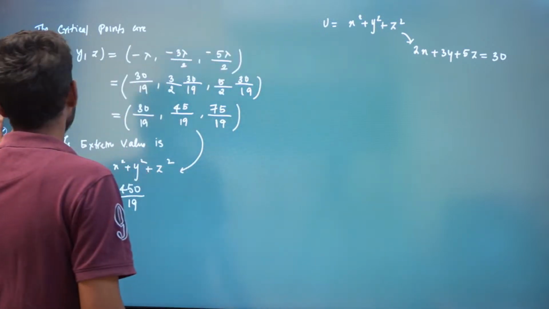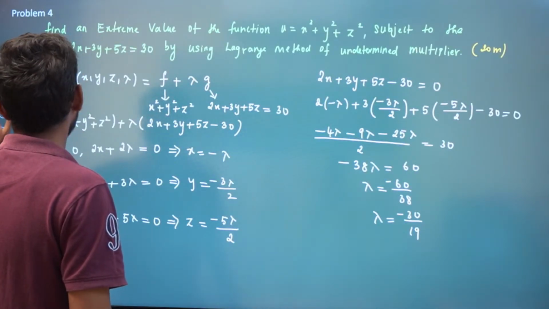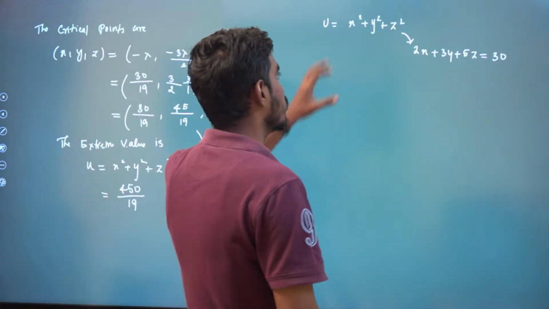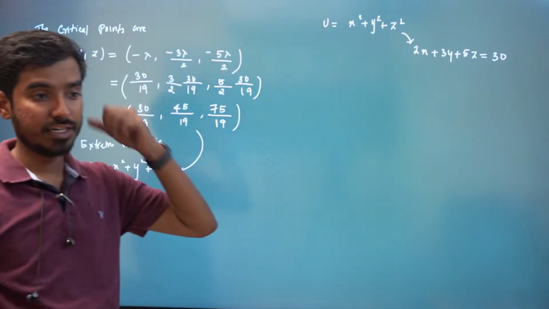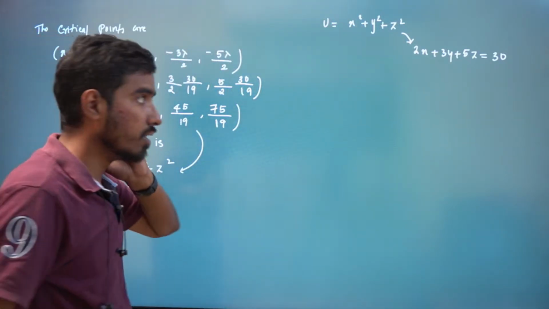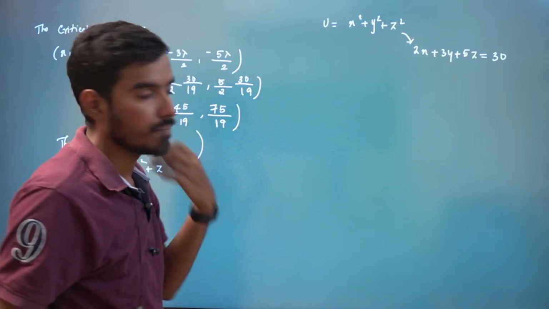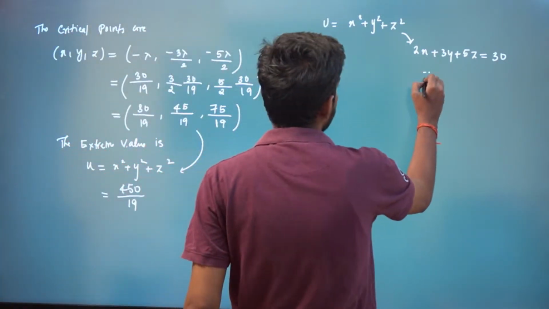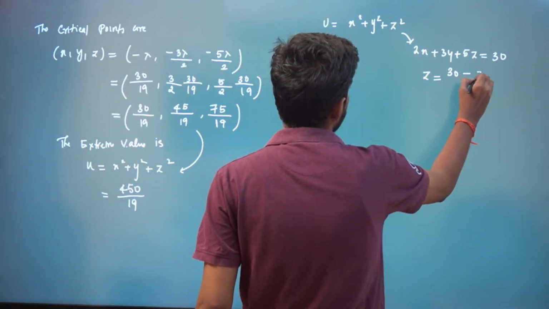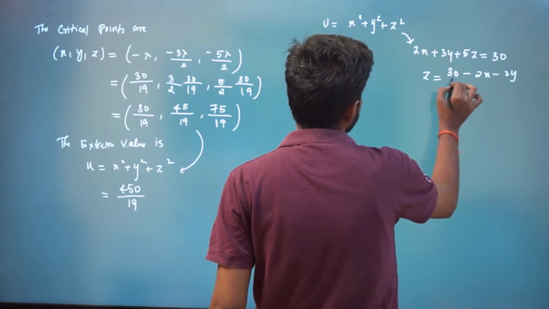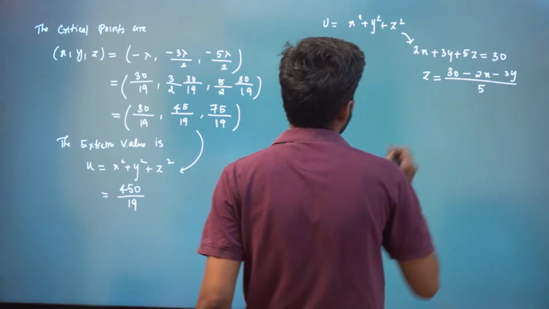Yes or no? So we have a function of three variables. So we'll transform it to a function of two variables. You know how to find maximum and minimum for a function of two variables, right? This z is given by (30 - 2x - 3y)/5, right?